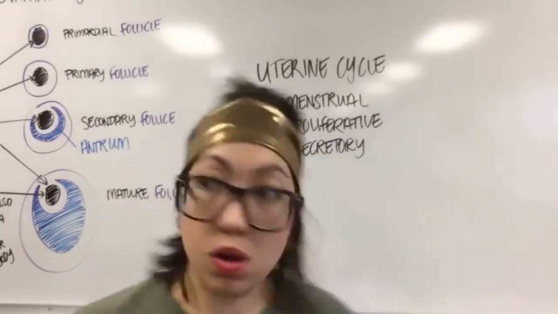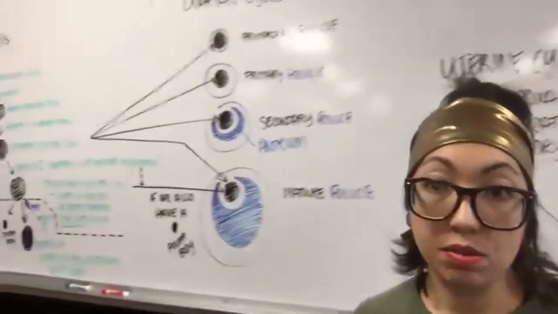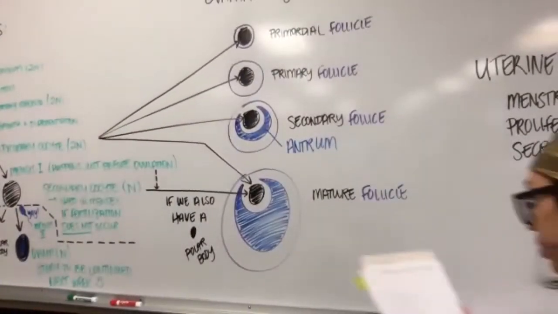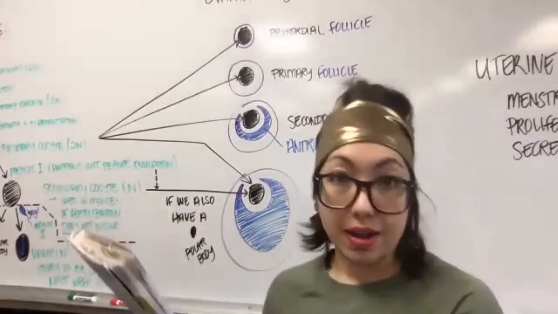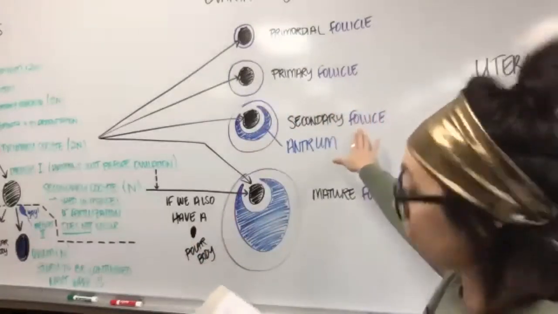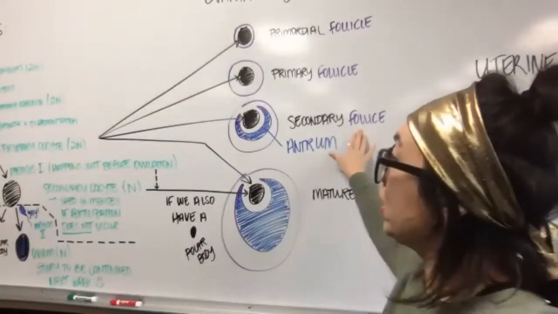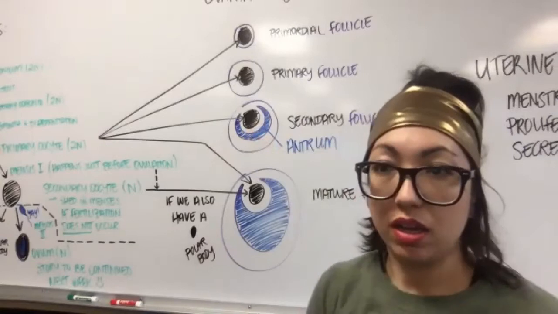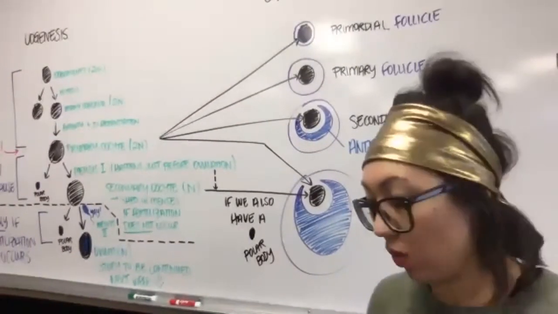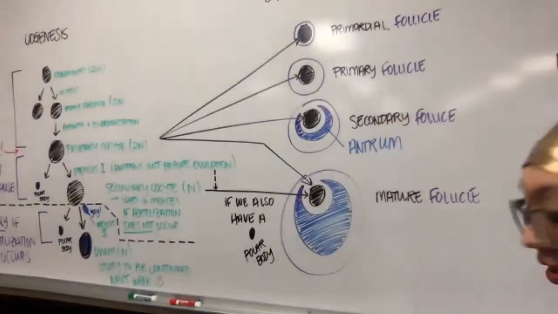Okay, so let's look. Let me pull you over here to answer this next question. This is number 6. Okay, secondary follicles contain what kind of oocyte? Secondary follicles contain what kind of oocyte?